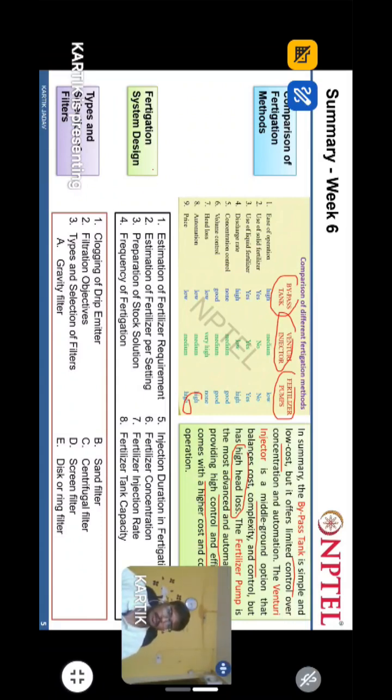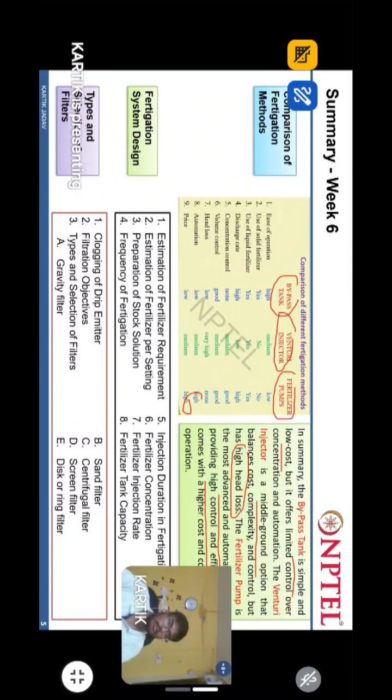So in the next lecture of week 6, we designed the fertigation system, right? And again, for this we need the fundamentals, like what is the fertilizer requirement of that particular soil and crop, and at what crop growth stage, right? Based on that, we calculated all these components, and finally the fertilizer tank capacity that we require during the entire crop duration.